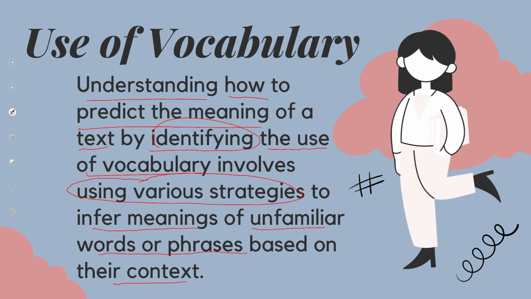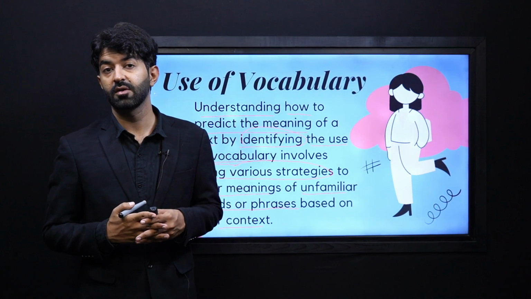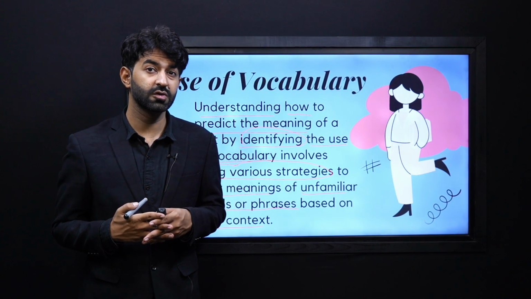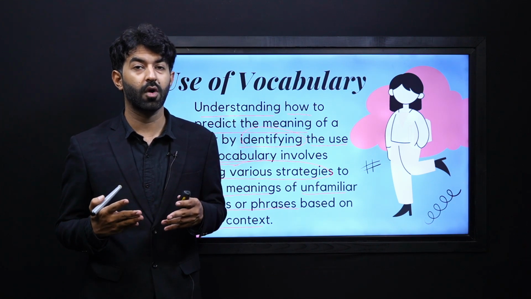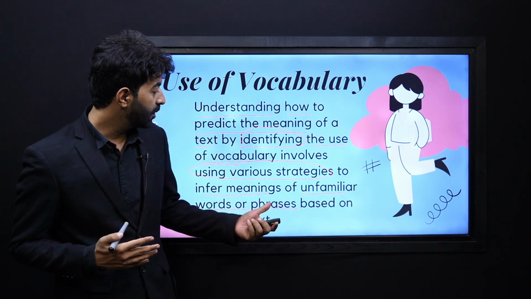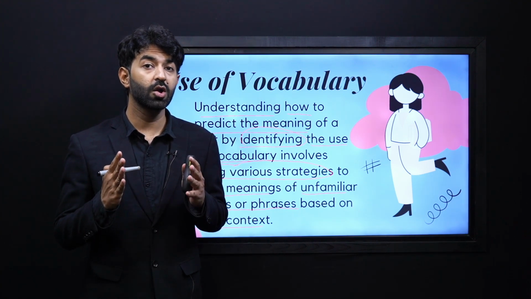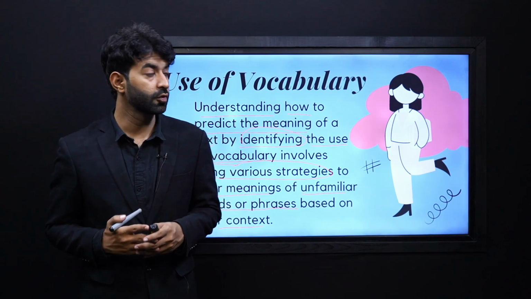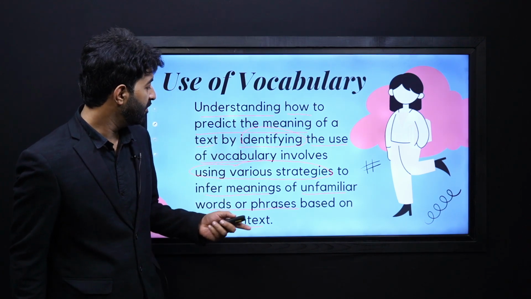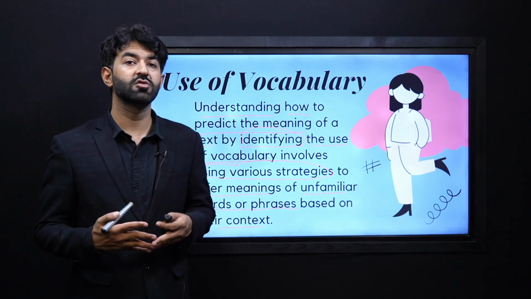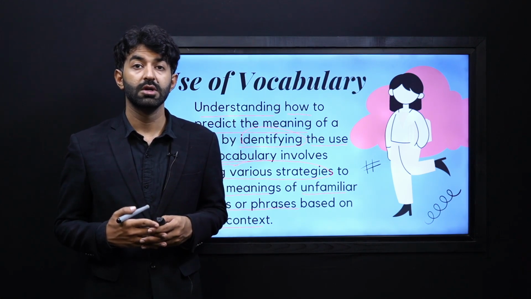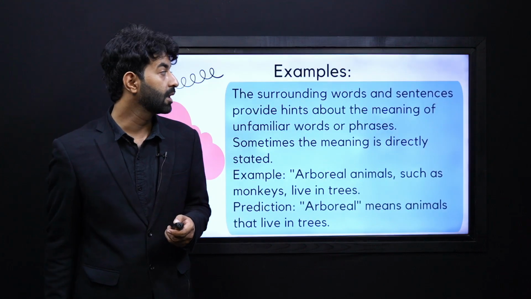Now, you will see what kind of vocabulary is used, either formal or informal words, and you will be predicting the unfamiliar words in a text by looking at the vocabulary used. We will be using various strategies in order to look for the right meaning.